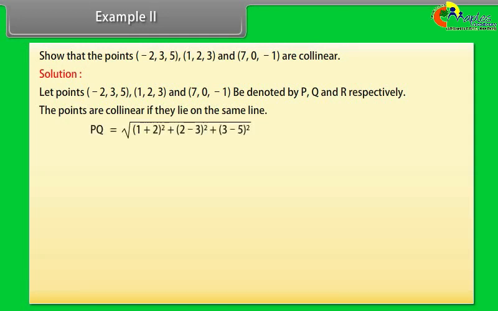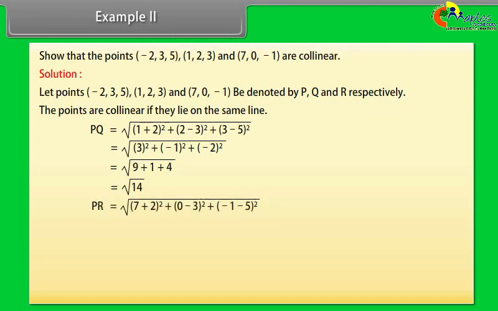PQ is equal to the square root of (1 plus 2) square plus (2 minus 3) square plus (3 minus 5) square. After calculating PQ, we get square root of 14. PR is equal to the square root of (7 plus 2) square plus (0 minus 3) square plus (-1 minus 5) square.